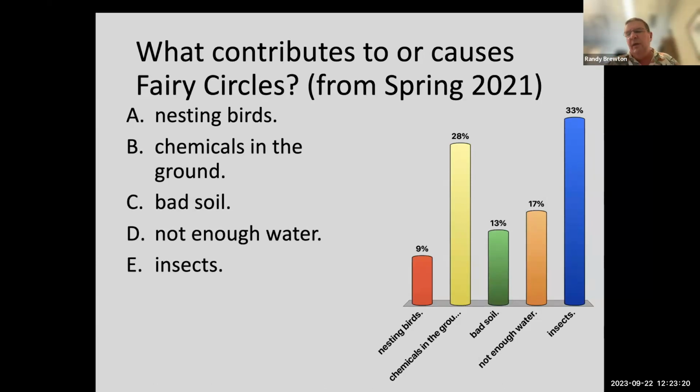And so then in class, we could start talking about, well, if you think that it might be some kind of ant or insect colonies that are causing these things, how do you separate correlation versus causation? So you might be able to look in a fairy circle and say, yeah, I've tested a few of the fairy circles and it seems like there are termite nests, but which came first?